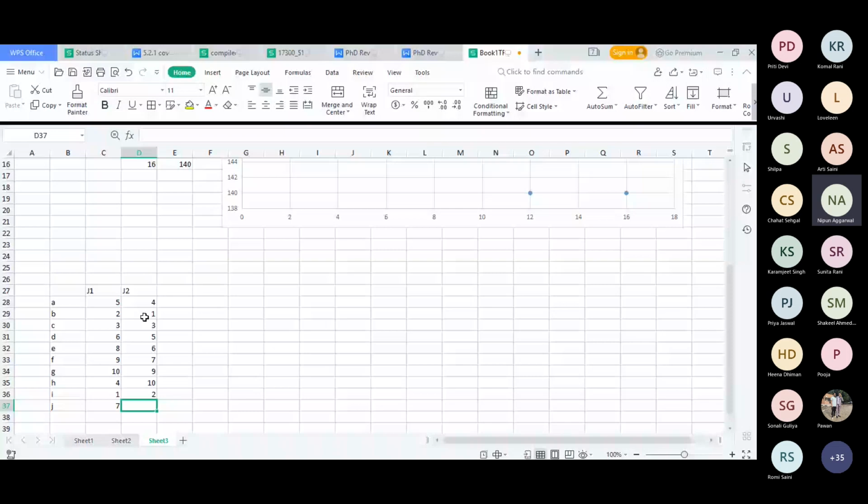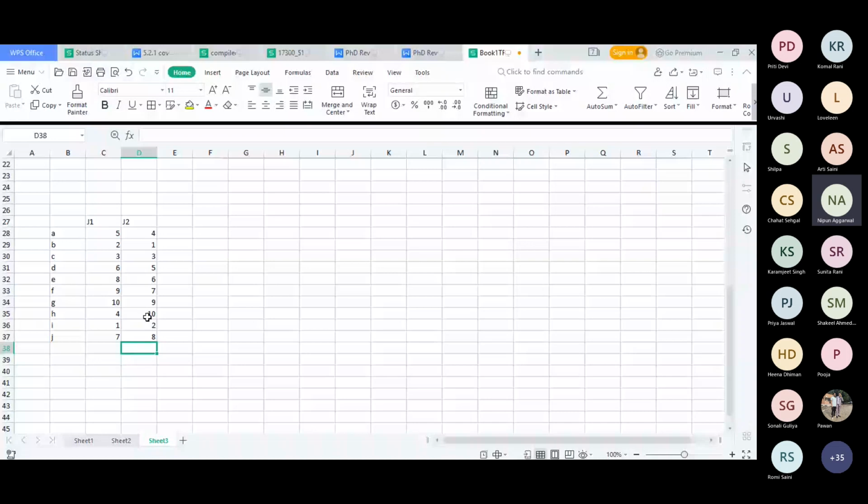So this is the data given to you by the two judges. Now we want to analyze whether there is any relation between the two judgments or not. If they are related or not related, we have to check that particular thing. For that we can use the Spearman's rank correlation.